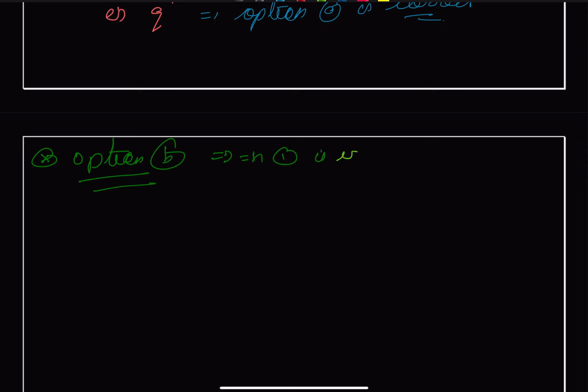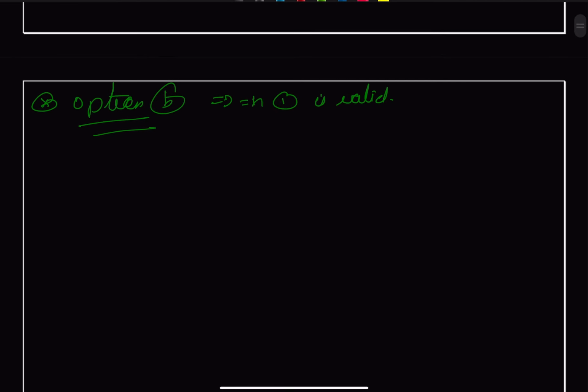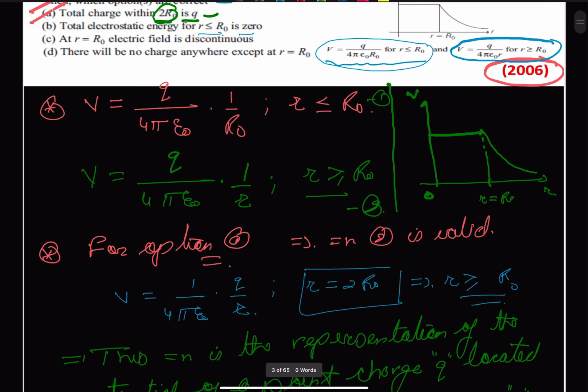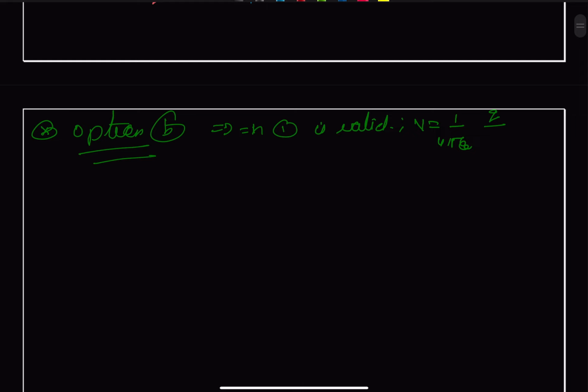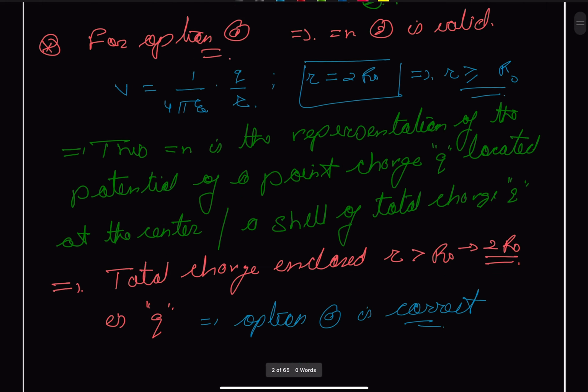Equation 1 states that our V is equal to 1 upon 4 pi epsilon naught Q upon R naught, under the condition that R is less than or equal to R naught. Because in the question itself it is given the potential energy is for R less than or equal to R naught, so equation 1 will be valid.